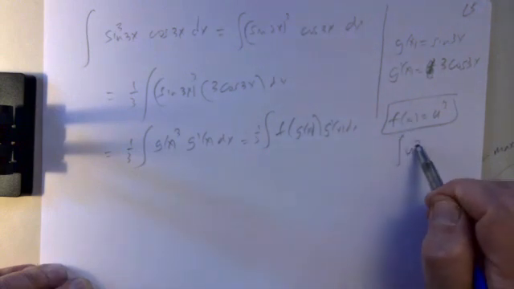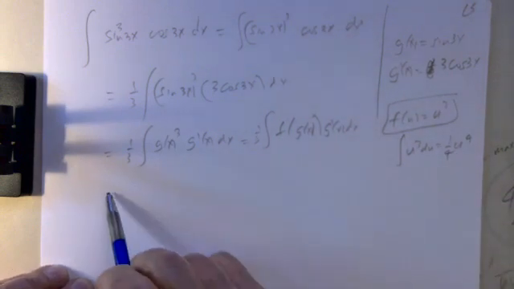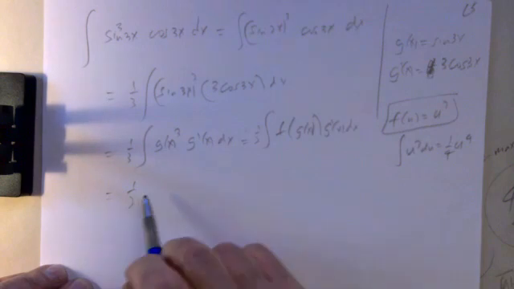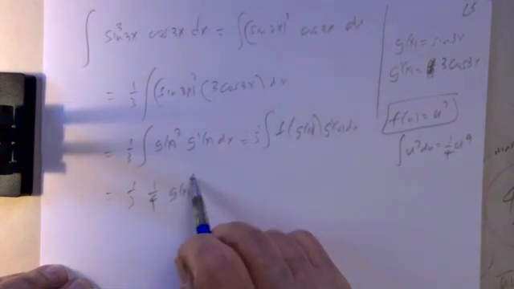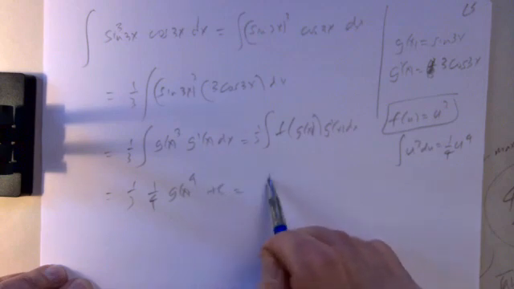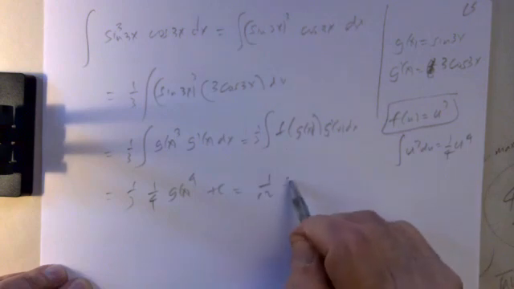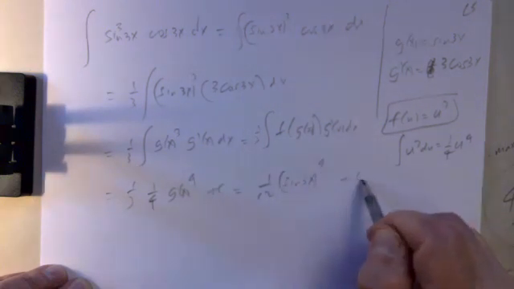And the integral of u cubed is 1/4 u to the 4th. So we get 1/3, and then this integral is 1/4 g of x to the 4th plus a constant. 3 times 4 is 12. Sine 3x to the 4th plus a constant.